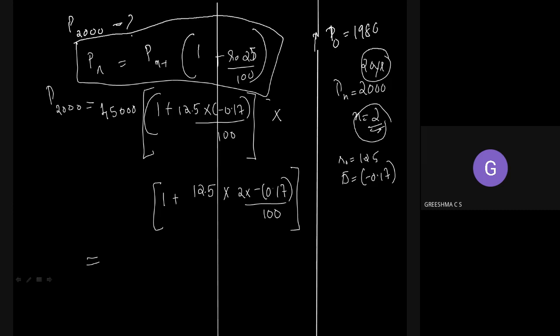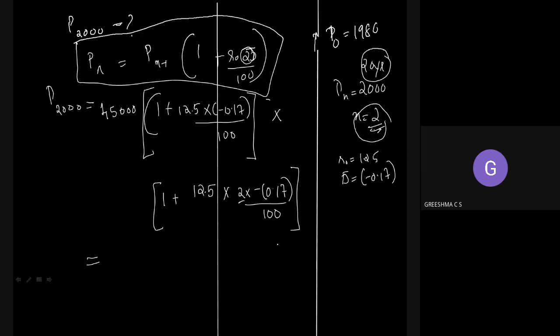Here D dash indicates the number of times. So 0.17 into 1 plus 12.5 minus 2 into 0.17 divided by 100.